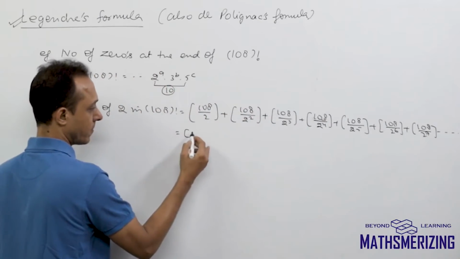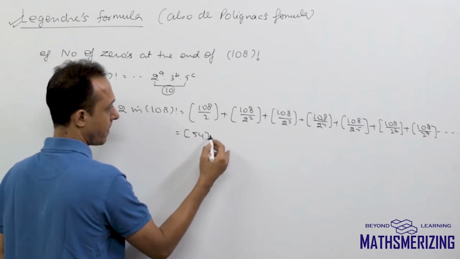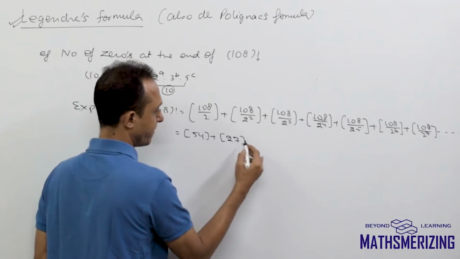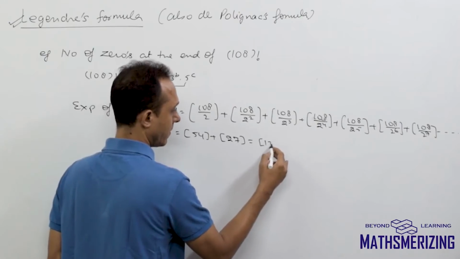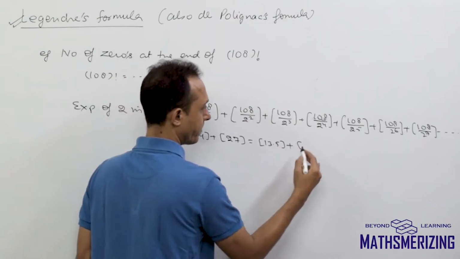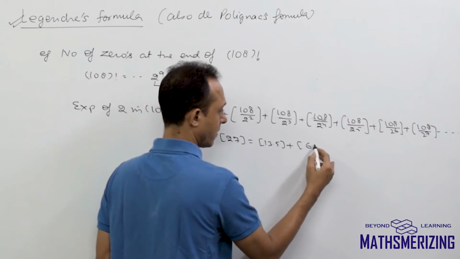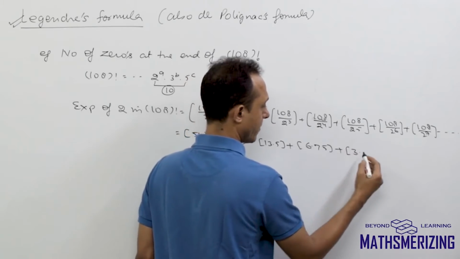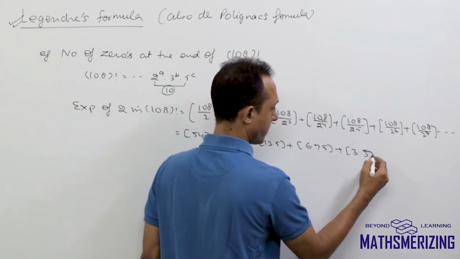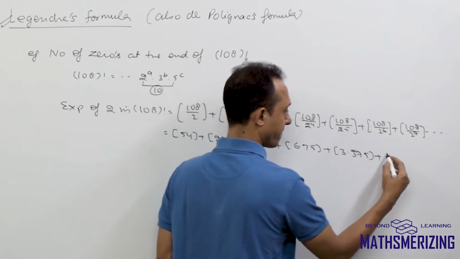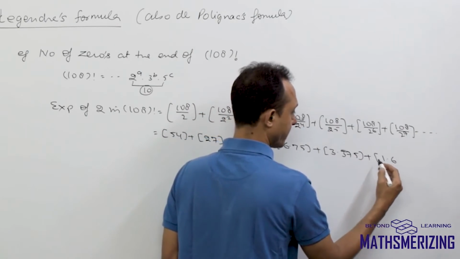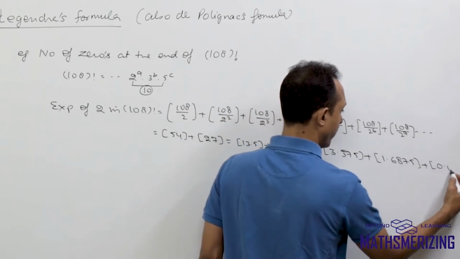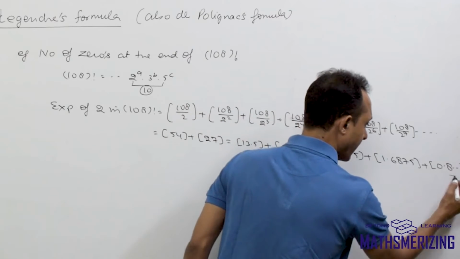Now this is 54, this is 27, 13.5, 6.75, 3.375, 1.6875, and then it'll be 0.8 something. So after this, it'll all be 0.